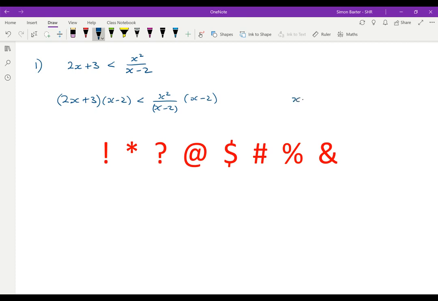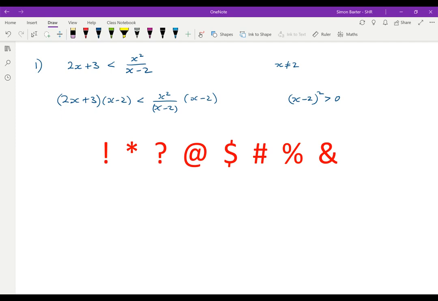If we remember that when we square any number, it's always non-negative. So in this case, x cannot be 2 because it's on the denominator. So x minus 2 all squared actually has to be greater than 0. It can't be 0.